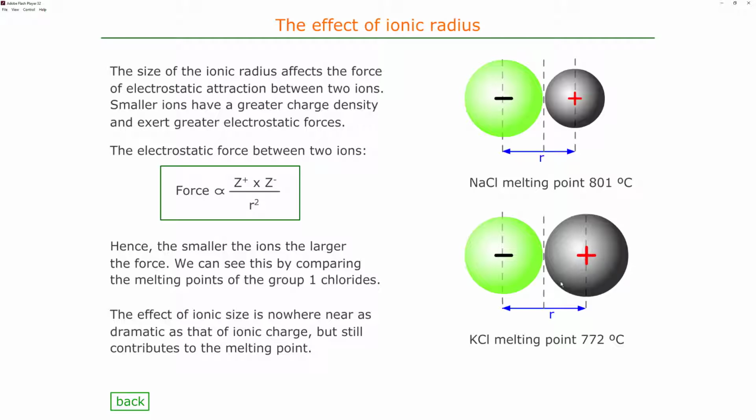And this means that the R, the internuclear distance, is going to be correspondingly larger. And therefore the denominator will be larger and the actual force is less. And so the melting point of potassium chloride is a little less than that of sodium chloride. Notice that this factor is much less important than the charge on the ions.